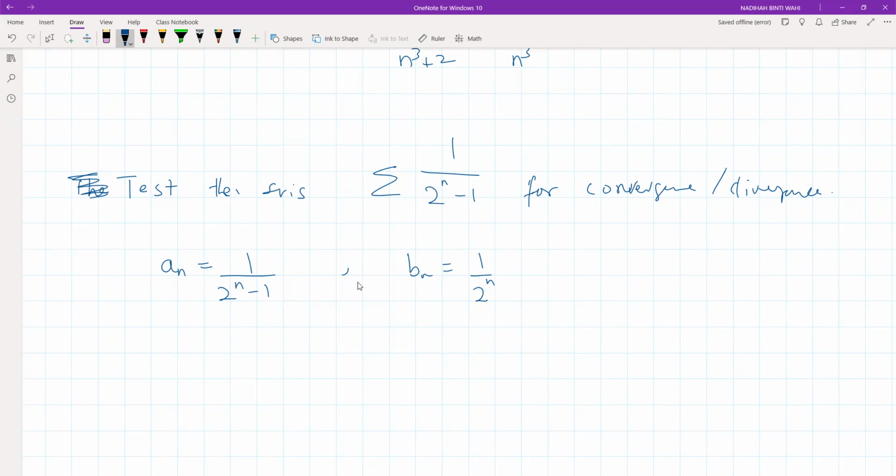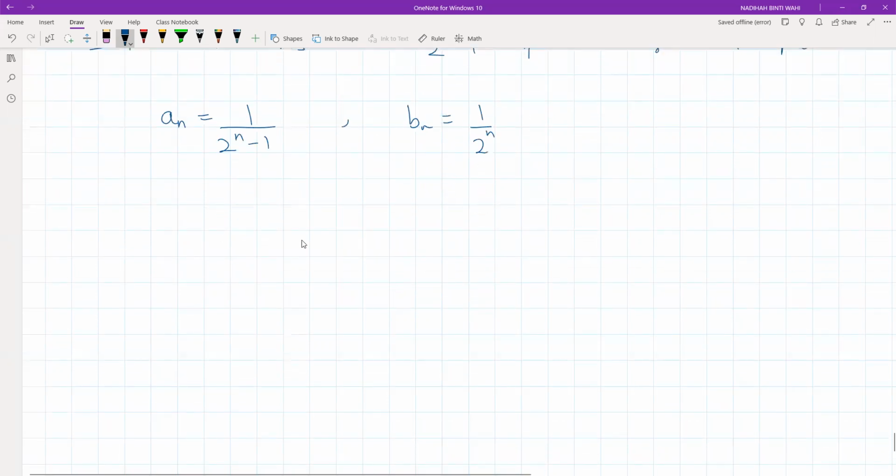Do we have the p-series test in this case? No, we don't have that one. But in this case, we can use the limit comparison test.